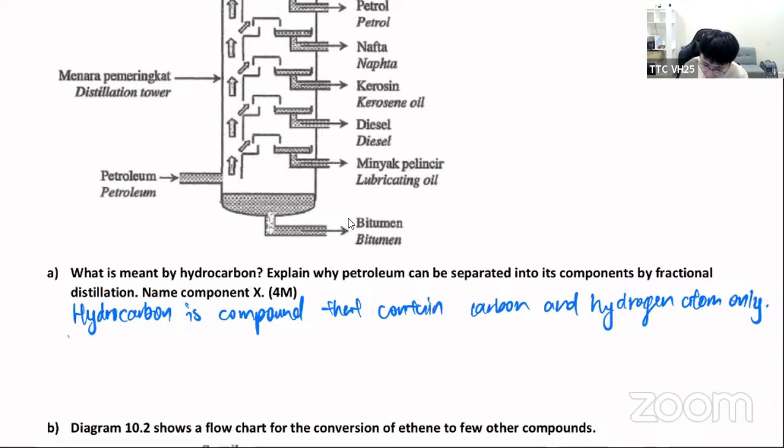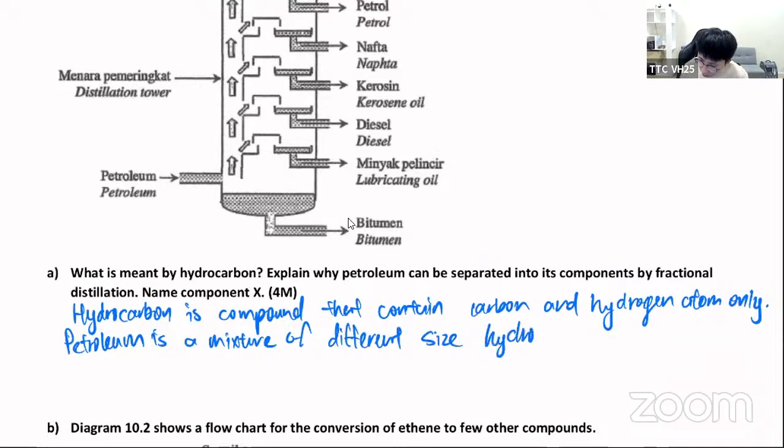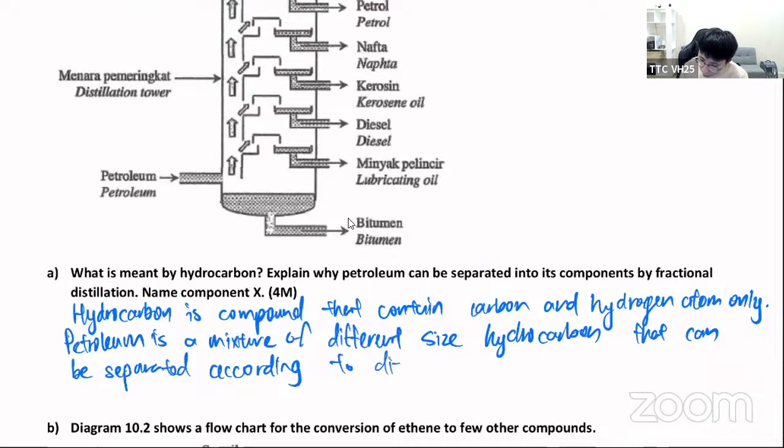Because petroleum is a mixture of different size hydrocarbons that can be separated according to different boiling points.